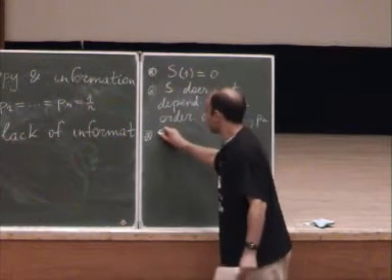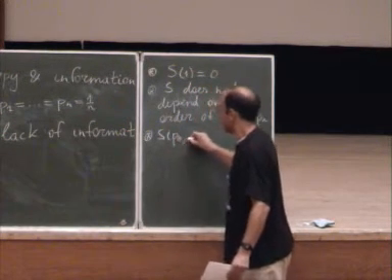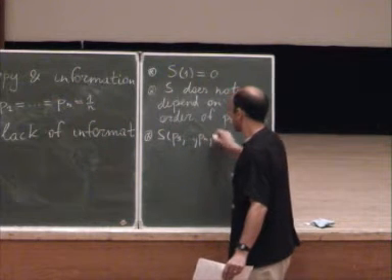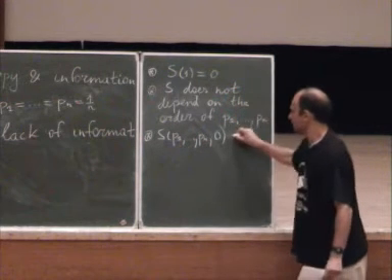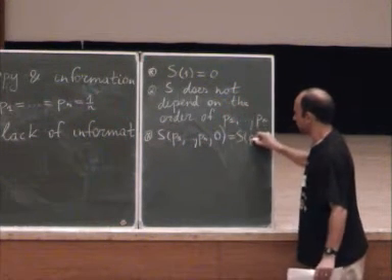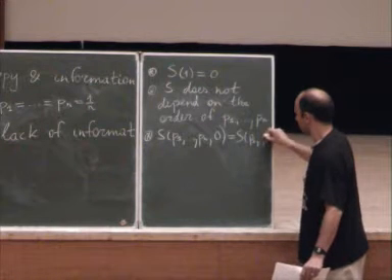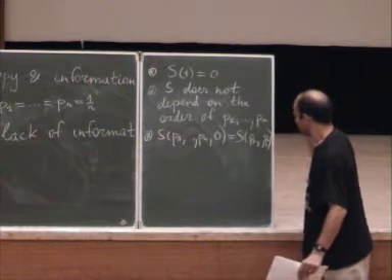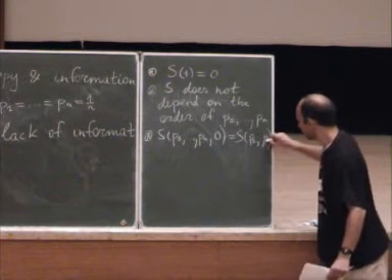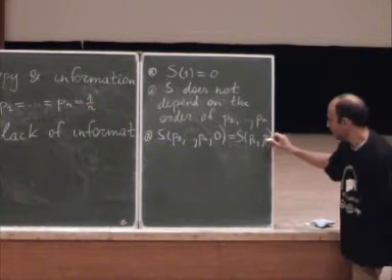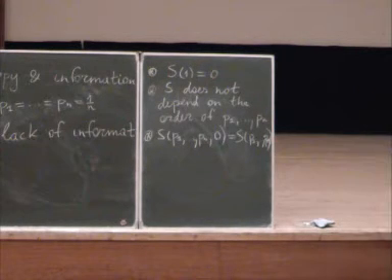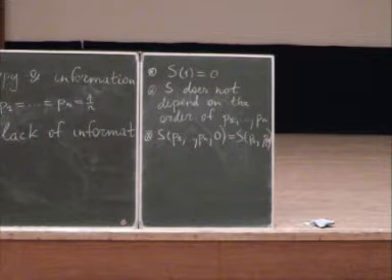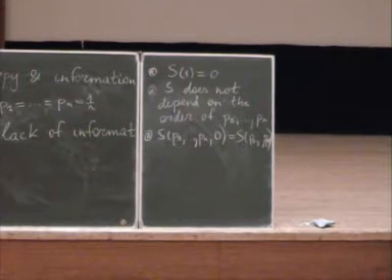Then S(p1, ..., pn, 0) is equal to S(p1, ..., pn). If we add to our experience an impossible issue that never happens, then the lack of information is exactly the same.